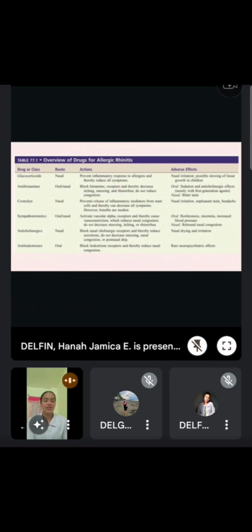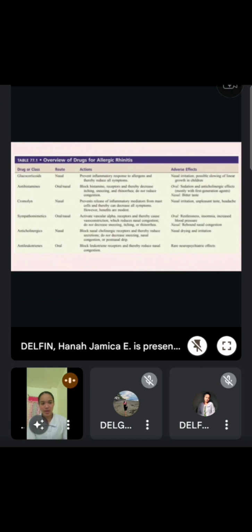Intranasal glucocorticoids are the most effective drugs for the prevention and treatment of seasonal and perennial rhinitis. Because of their anti-inflammatory actions, these drugs can prevent or suppress the major symptoms of allergic rhinitis: congestion, rhinorrhea, sneezing, nasal itching, and erythema.